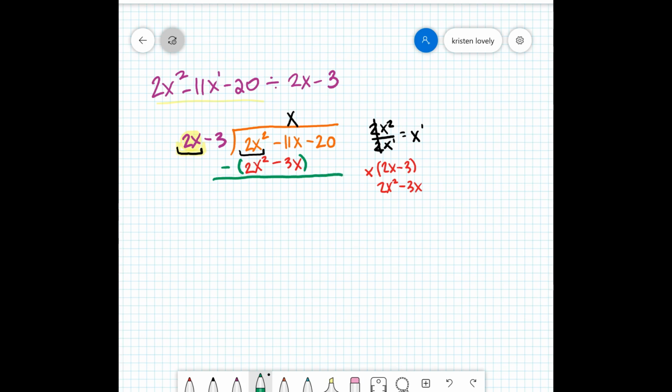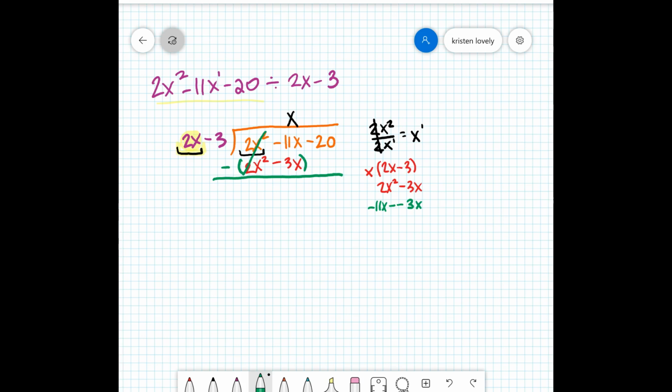Notice I'm putting parentheses around this polynomial. So I'm going to be subtracting 2x squared minus 2x squared. That is going to cancel out. That is something that should happen each time. Your first term should always cancel. So now I have negative 11x minus a negative 3x.